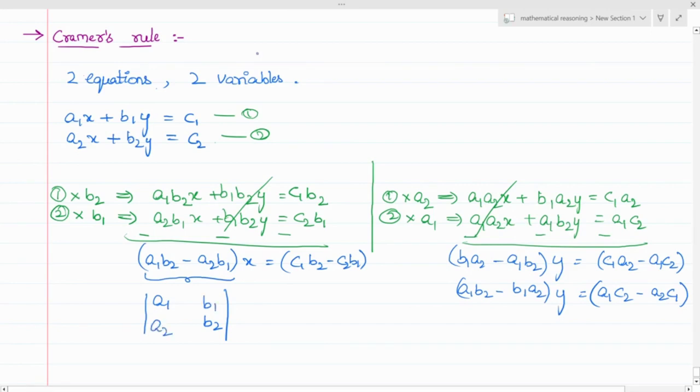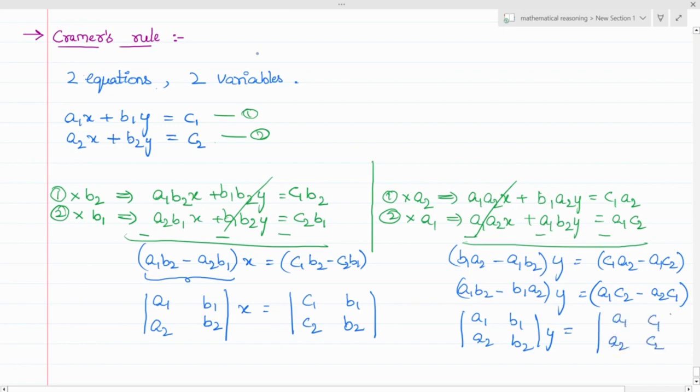You can cross verify it by multiplying: a1b2 minus a2b1 into x, and this can be written as the determinant c1, c2, b1, b2. Cross verify it, c1b2 minus c2b1. Similarly here it's the same thing. So the determinant a1, a2, b1, b2 into y is equal to the determinant a1, a2, c1, c2.